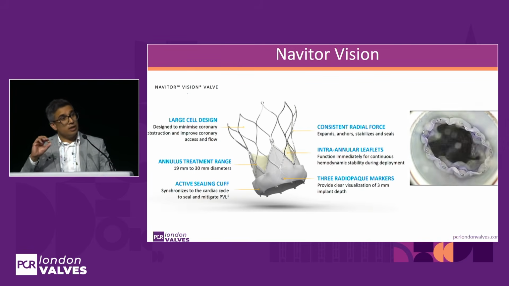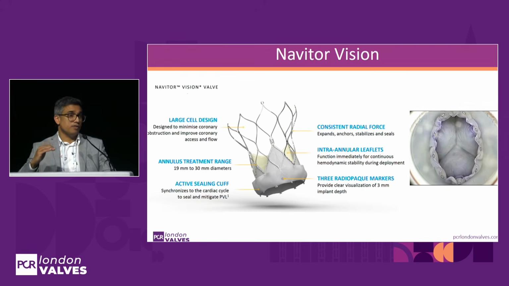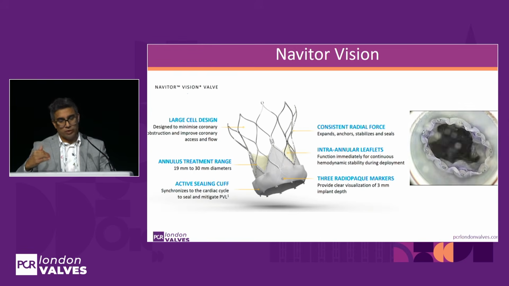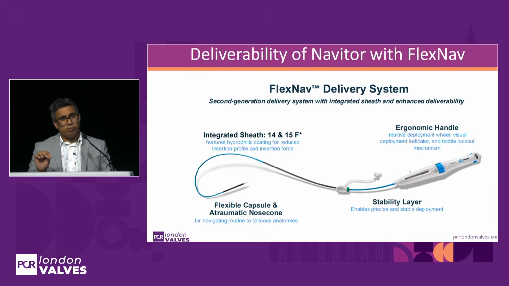It's also got the precise depth markers, which really help in positioning the valve, particularly with these larger valves, which can get quite a bit of parallax. But probably the most beneficial thing is actually the delivery system. To reduce the parallax, you need flexibility within your delivery system when you're introducing this valve.